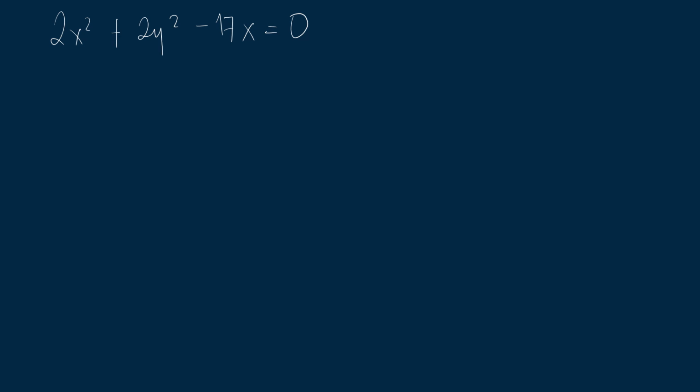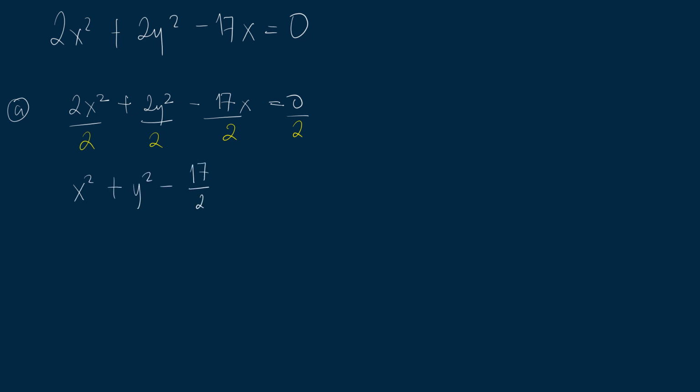So let us divide the whole equation for our step A. So 2x squared plus 2y squared minus 17x is equal to 0. So if we divide both sides, all of the equation by 2, you will simplify it and you will have an equation of x squared plus y squared minus 17 over 2x is equal to 0.